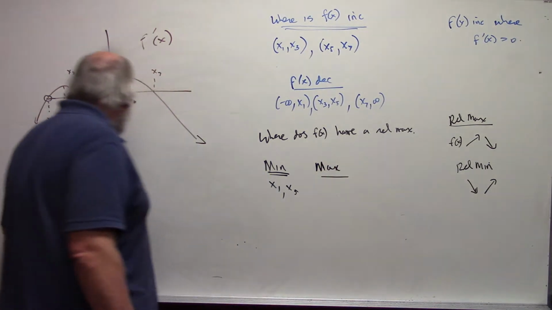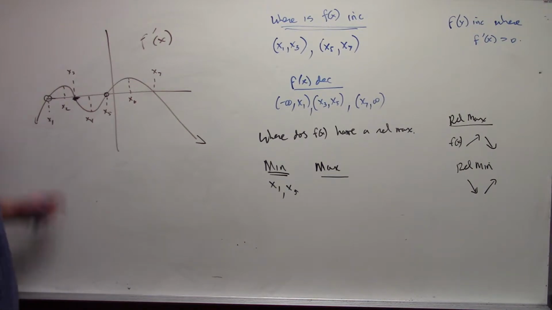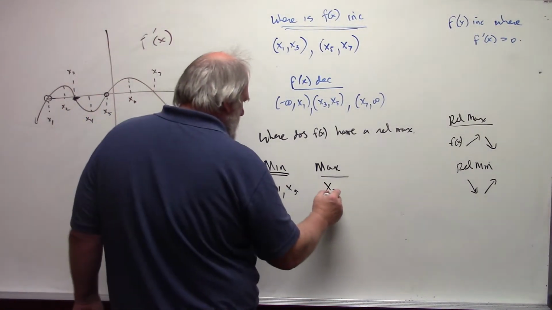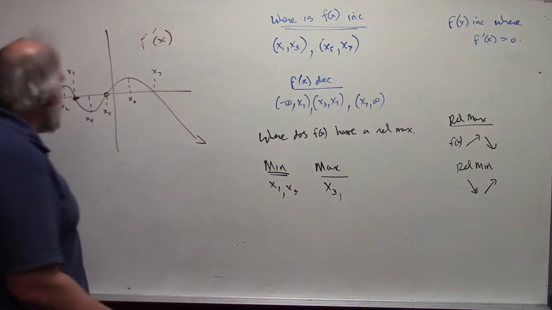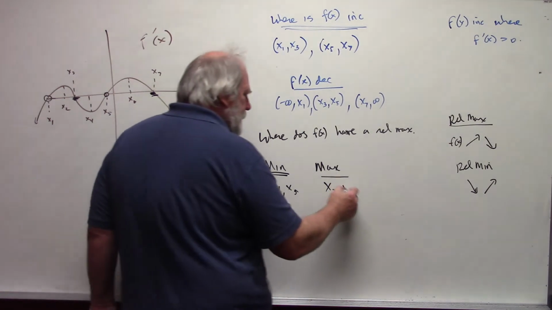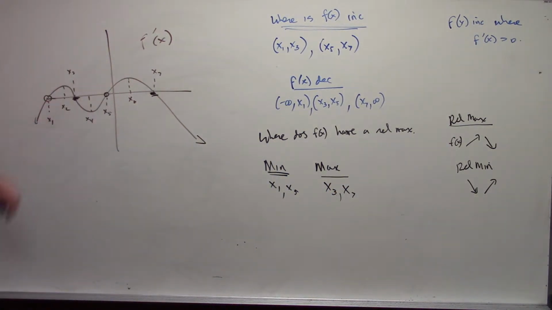I have one at x3, when I go from increasing to decreasing, and at x7. Notice they are not at x2, x4, and x6. Those are absolutely nothing in this particular situation.